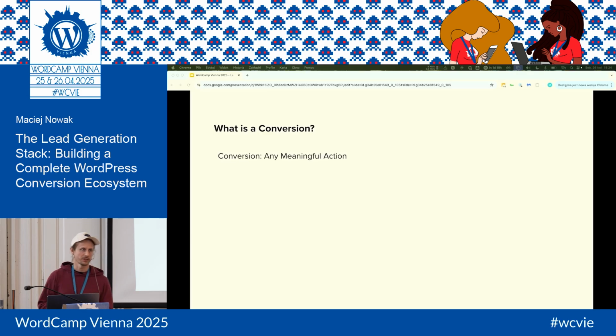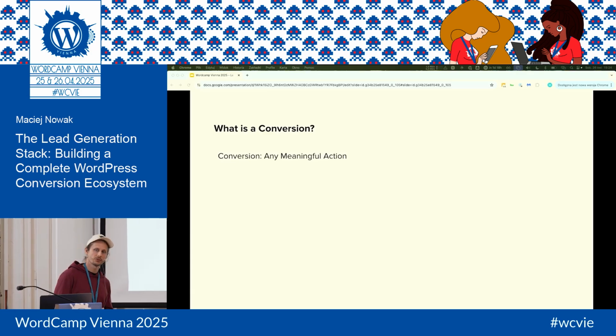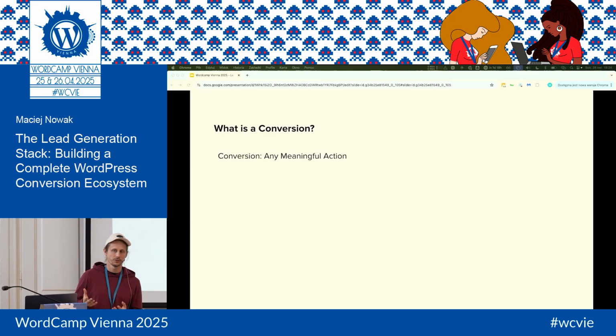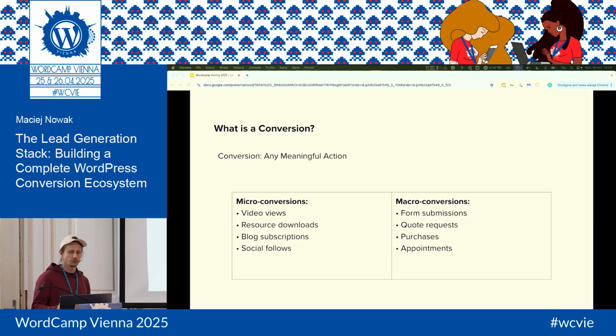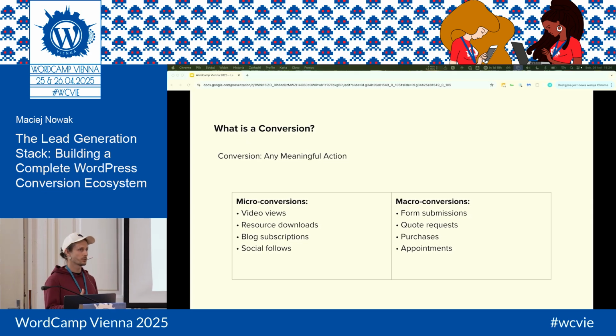It's any new action. And this is a very broad term, because depending on your particular situation, what you want to measure may differ. And we can talk about micro and macro conversions. Micro conversions are small things like someone read a blog post, someone watched your video, someone followed you on social.